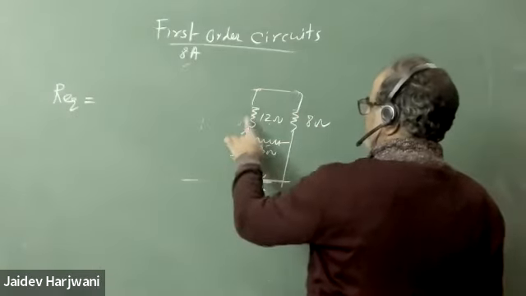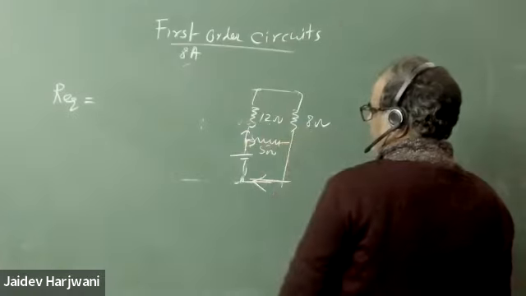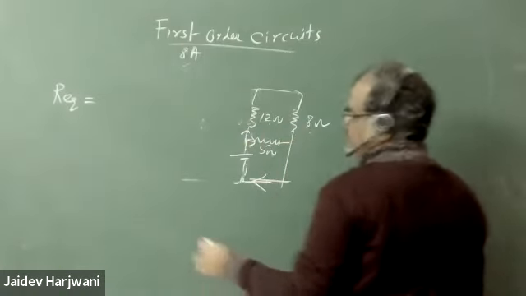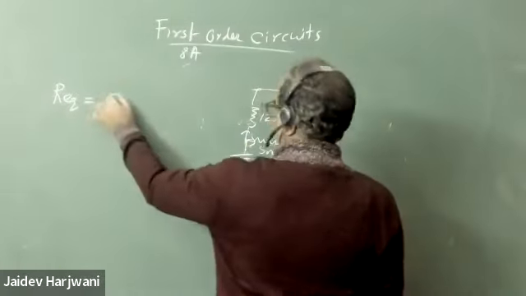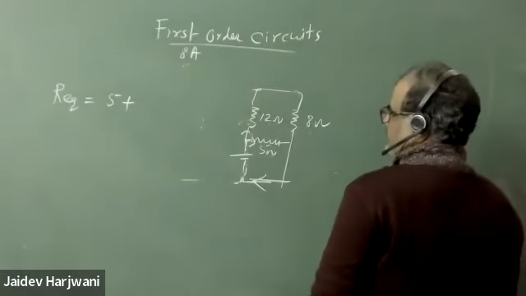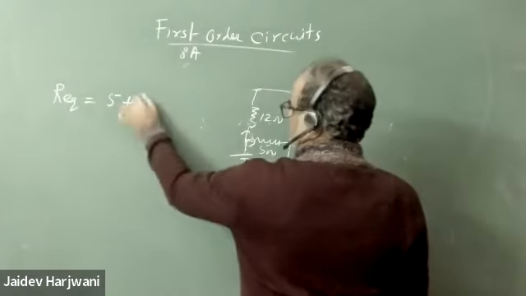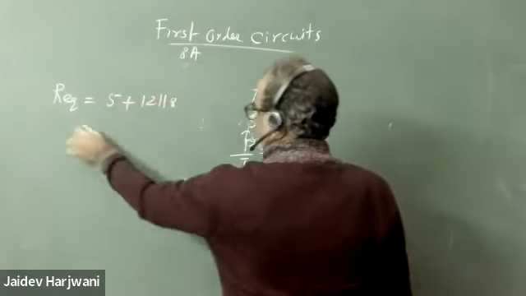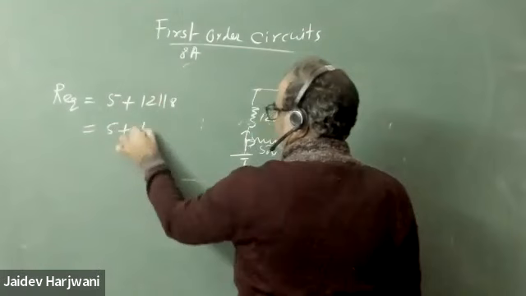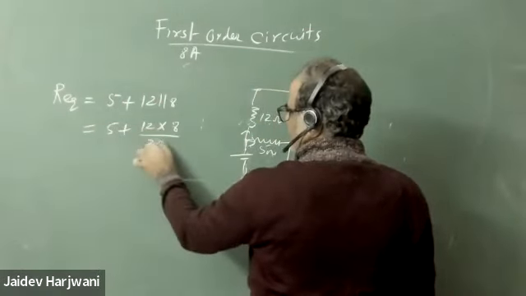So current going here, 12 and 8 in series, and 5 is in parallel. So R equivalent, you can write 5 plus 12 plus 8 parallel to 20.